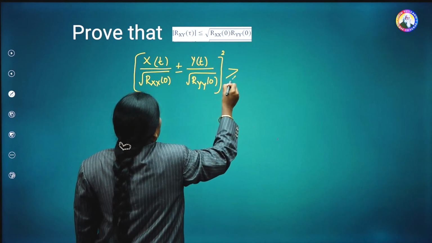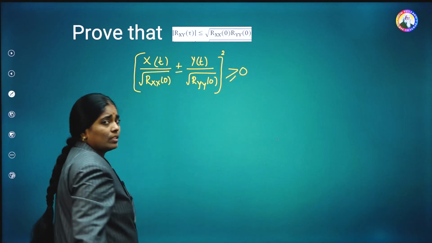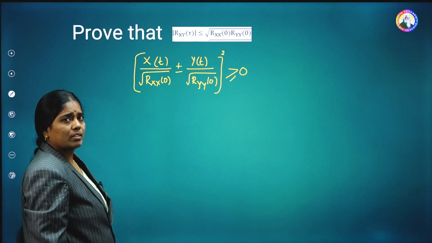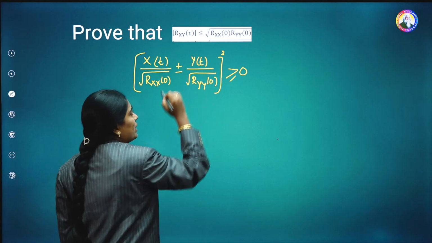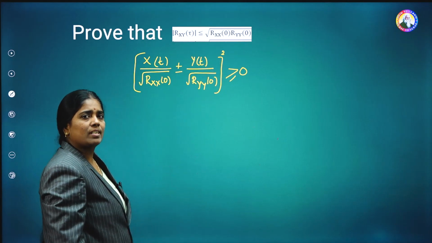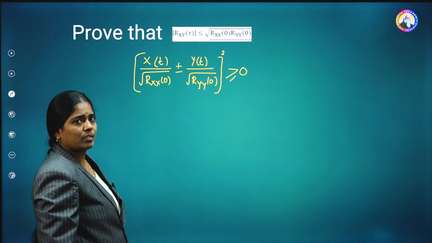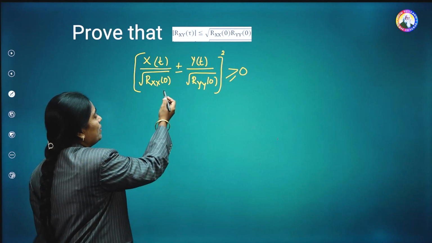It is always greater than or equal to 0, something whole square being a positive quantity. Now, apply expected value on both sides.